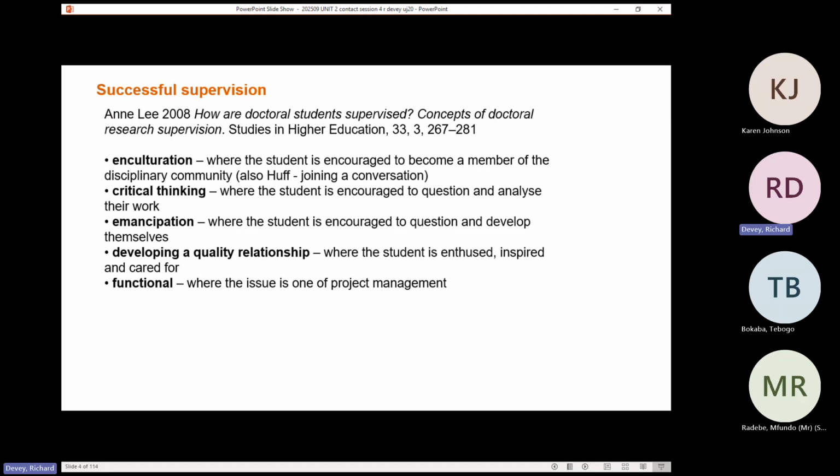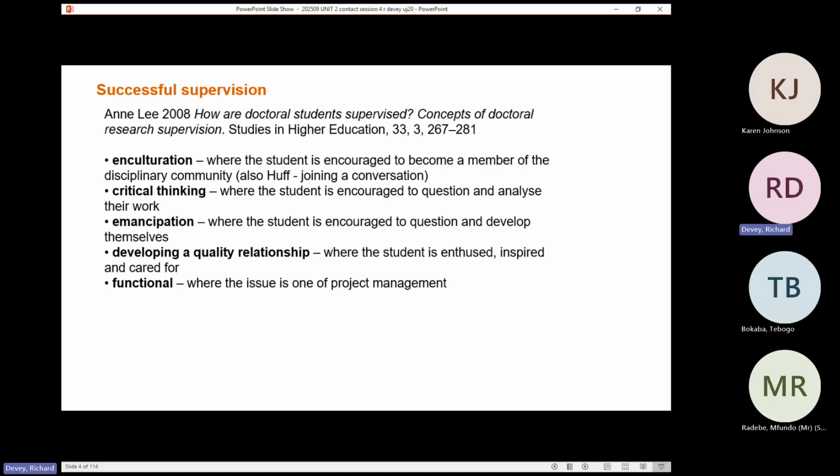I think this is quite a nice paper by Anne Lee about doctoral students, and she identifies 5 areas where students develop and benefit from the research that was done.